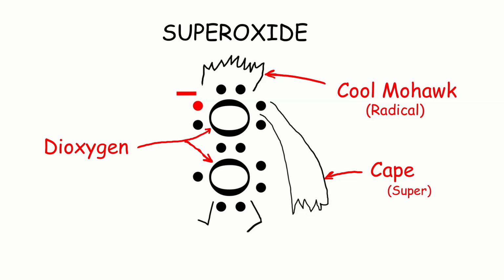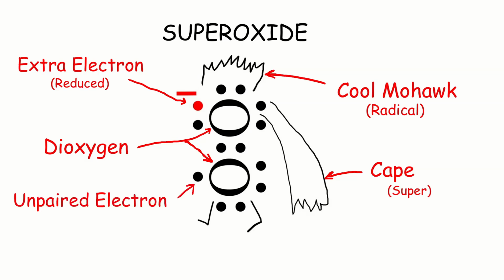And dioxygen, interesting molecule on its own right, but the difference between dioxygen and superoxide is that dioxygen has picked up an extra electron, which is to say that superoxide is reduced oxygen. And again, we'll get to reduction and oxidation in a bit. Superoxide has this unpaired electron down here. So you can see all of these electrons are in pairs.